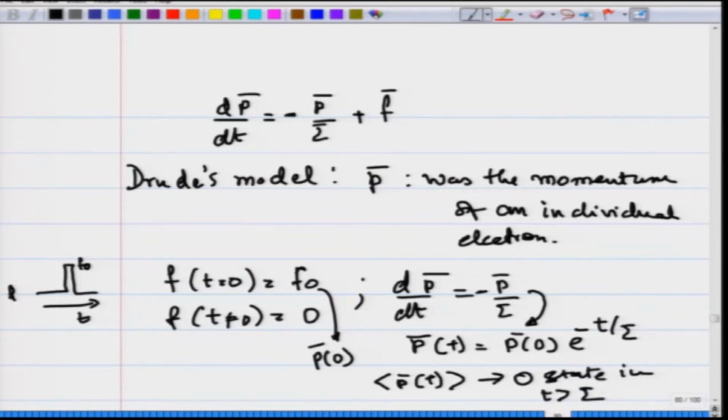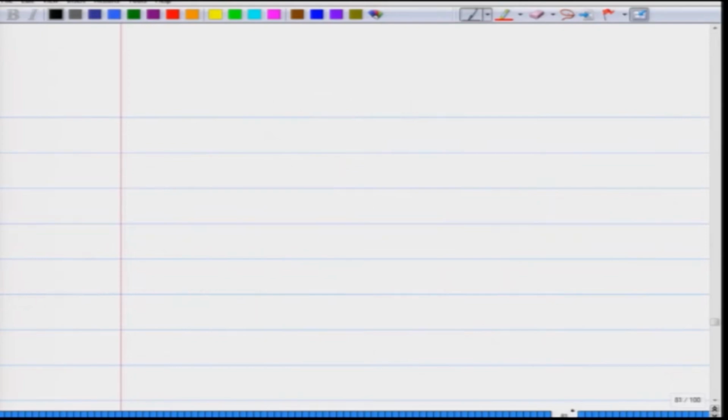So in a time greater than tau, the electron undergoes collisions. It has initially been given p0 amount of momentum by the force, but very soon it undergoes collision and comes to the 0 momentum state. However, this is a problem in quantum mechanics because there is a Fermi surface, which I have already described.